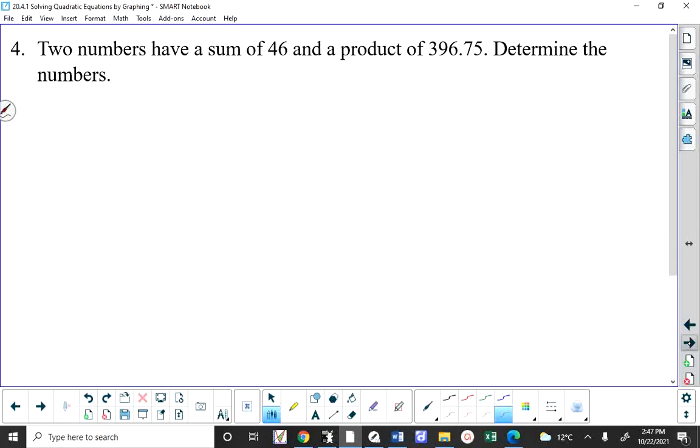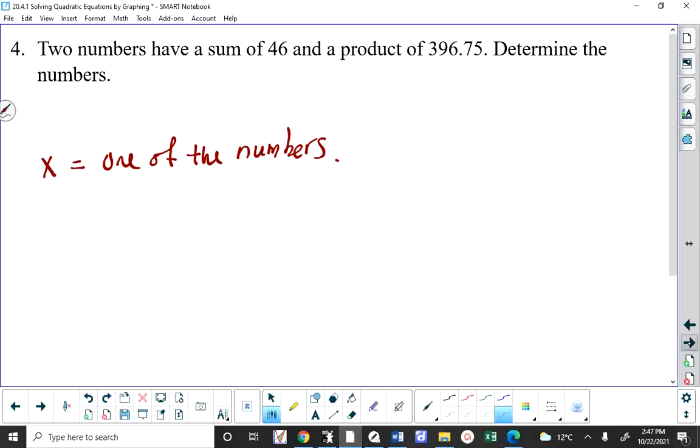So the first thing to note is what we're going to have to do is define the two numbers. One of the numbers can be x. Now this is subtle, okay?